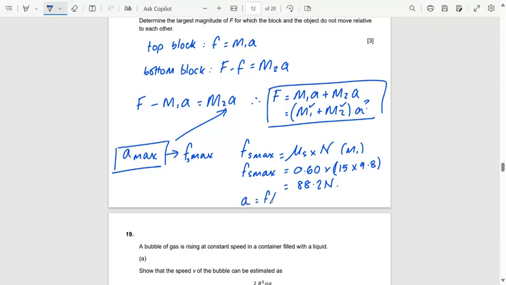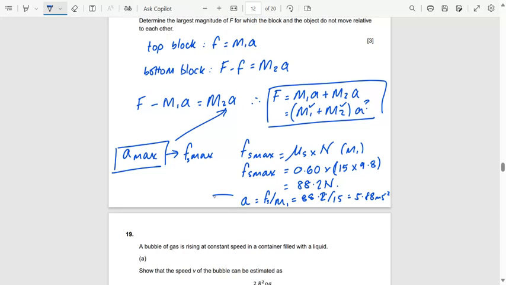We know that F equals ma, so if I take this force and divide it by the mass which it's on, which is the 15, divided by 15, we will get the acceleration of mass 1, and we know that that equals mass 2 as well.